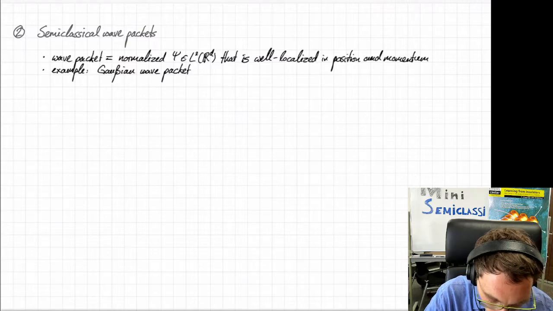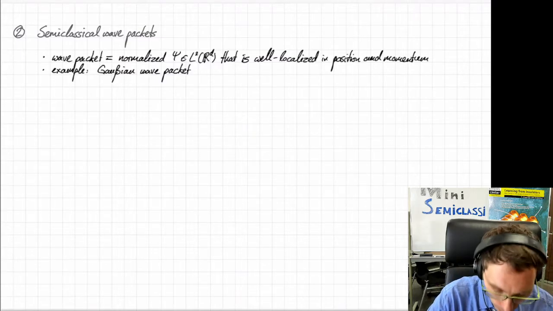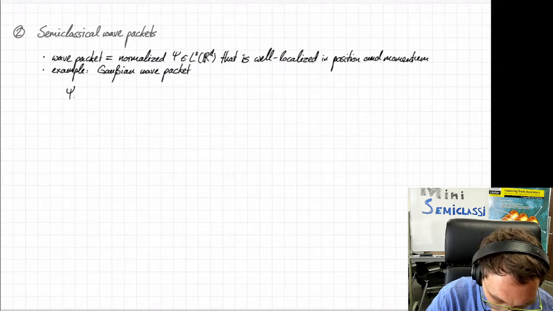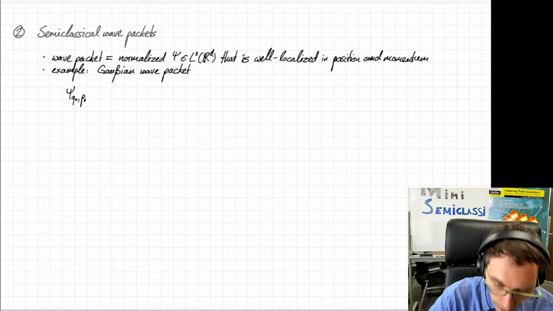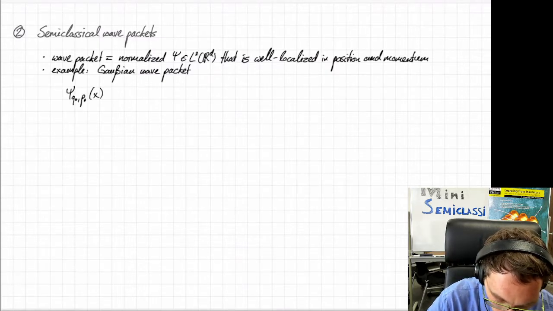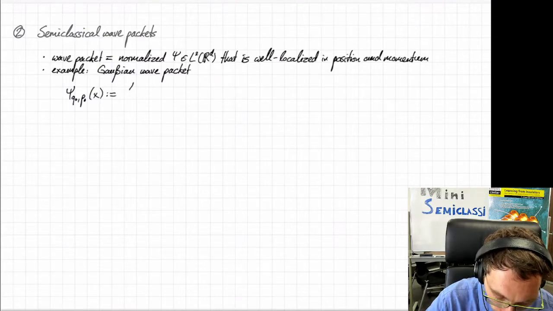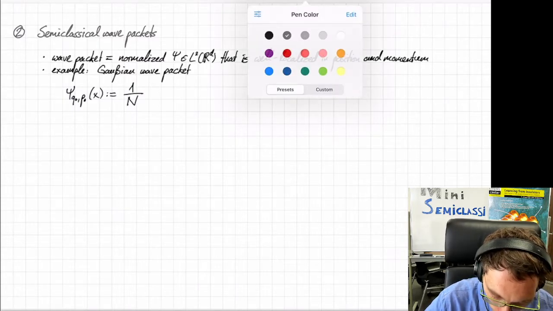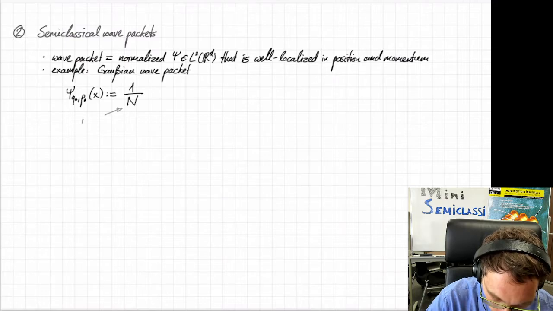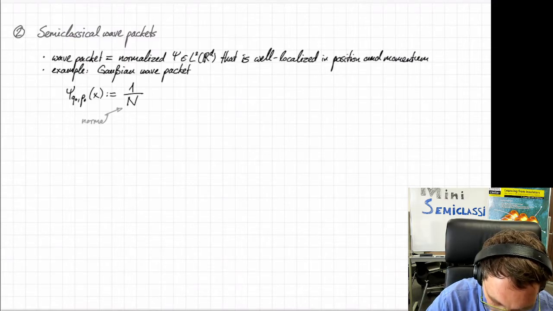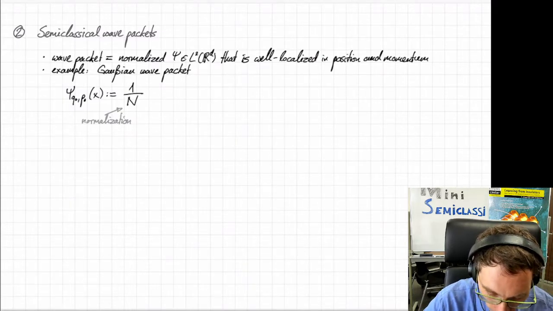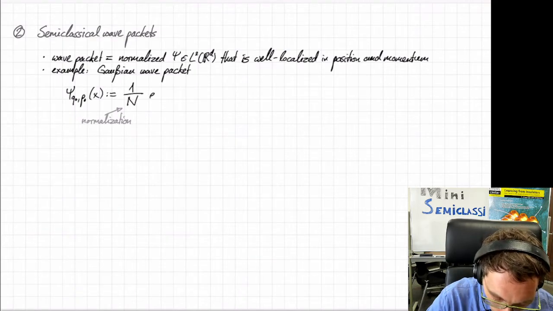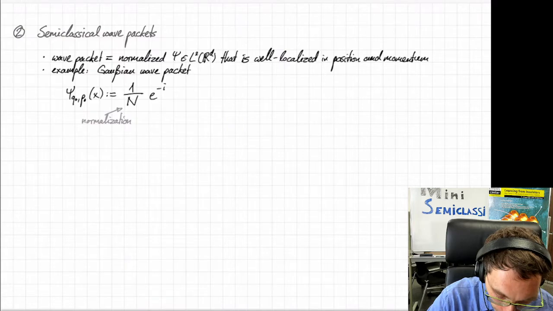So here the Gaussian wave packet psi of Q naught and P naught at position X is given by, well, first I have a normalization factor. This is a little bit boring but necessary. So this is just a normalization. And then I have a shift in momentum space.